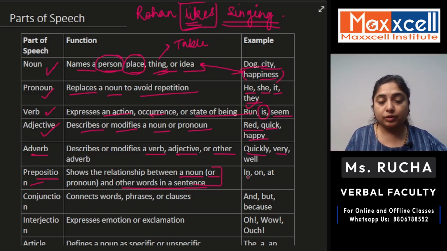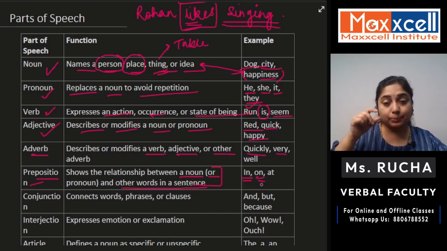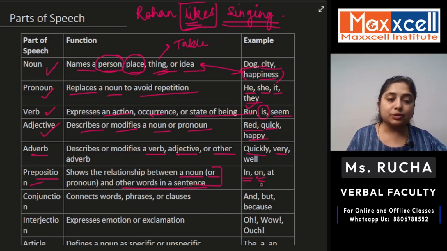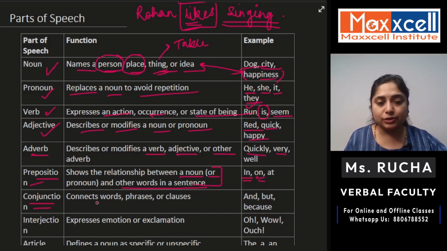Let's say the book is on the table, right? Milk is kept in the fridge, right? The clothes are in the cupboard, right? So when a word is showing us the position of a certain thing in a sentence, that word is called as preposition.